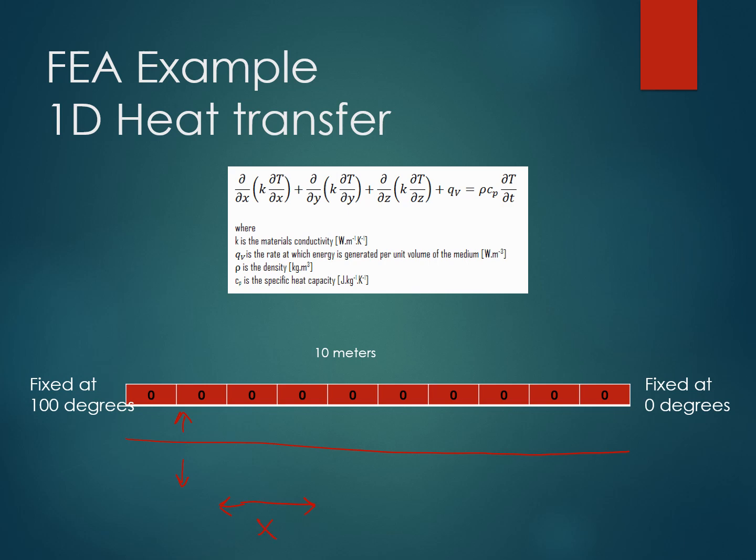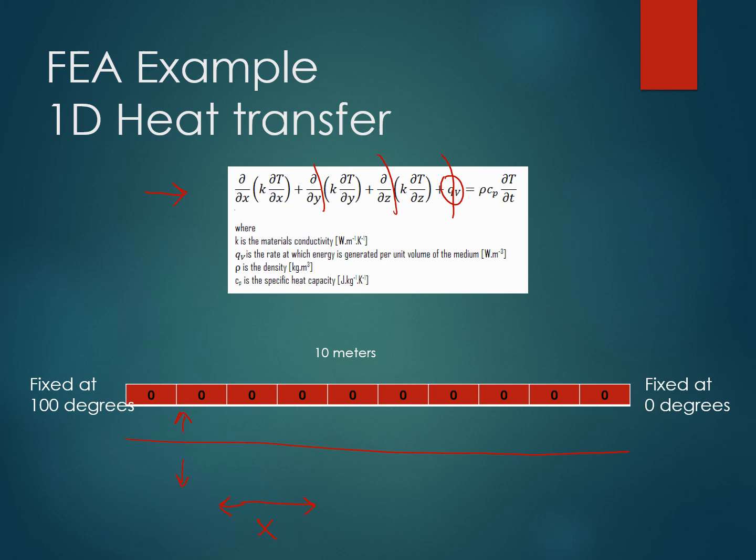So we can take our three-dimensional equation for heat transfer, and we can simplify this quite a bit. In our case, we have no change in y, no change in z, and our q term, which would be energy that's generated within it, we'll set that to 0, so that cancels out.